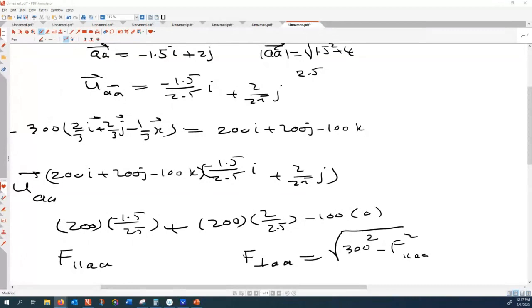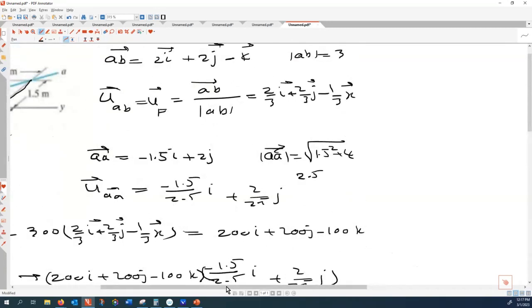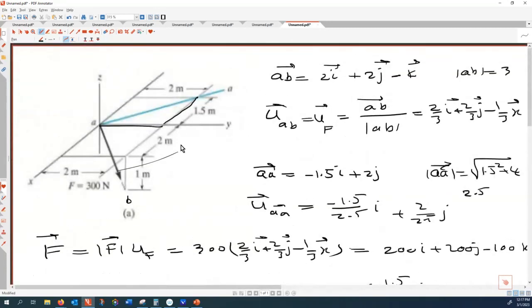One question, can you move to the picture? Just from the picture, can we identify which one is parallel and which one is perpendicular to AA?